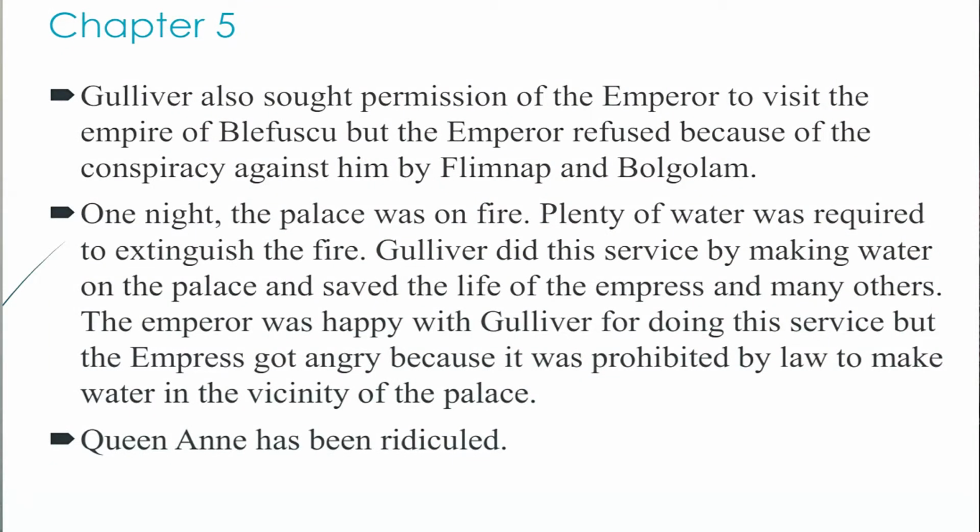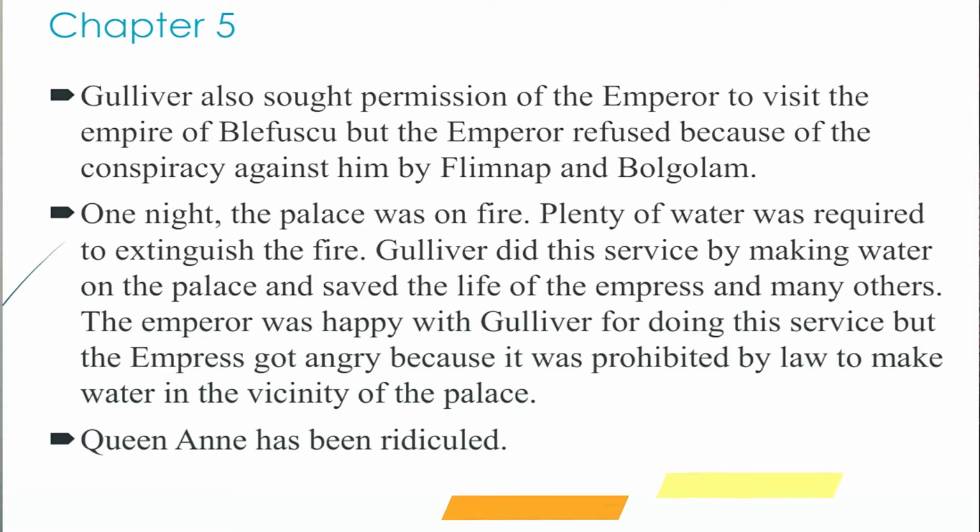Then Gulliver also sought permission of the emperor to visit the empire of Blefuscu, but the emperor refused because of the conspiracy against him by Flimnap and Bolgolam. One night, the palace was on fire. Plenty of water was required to extinguish the fire.